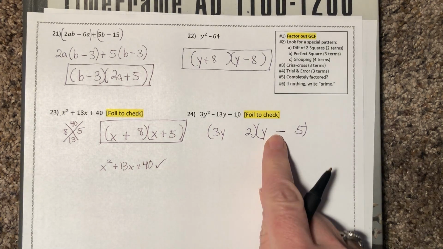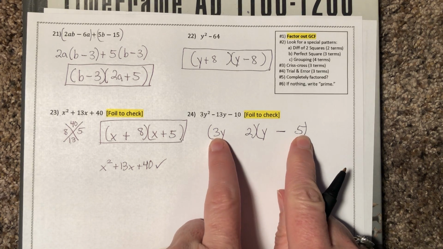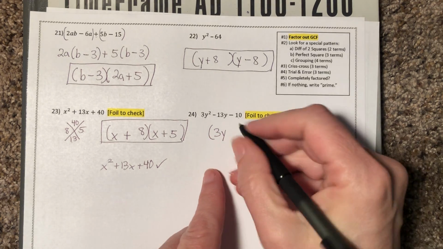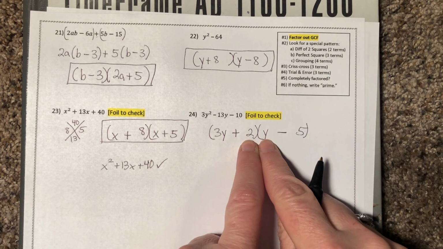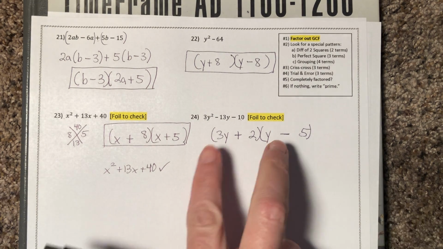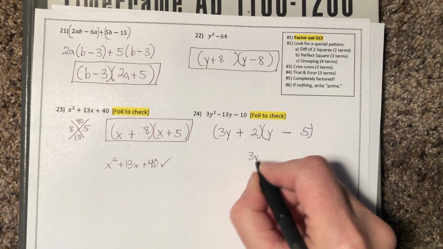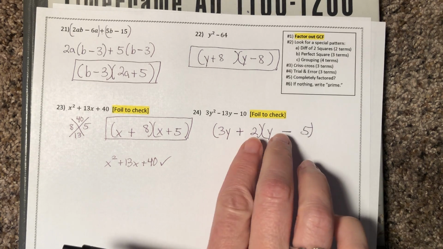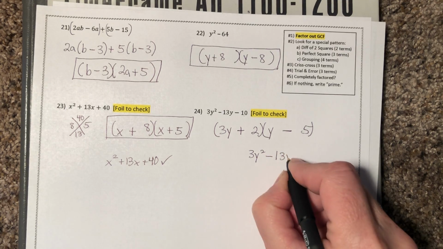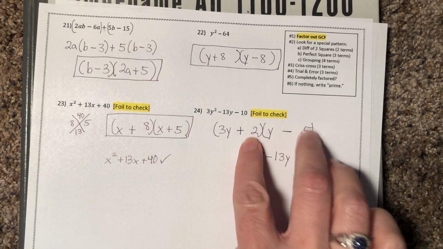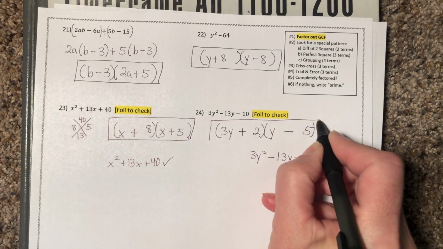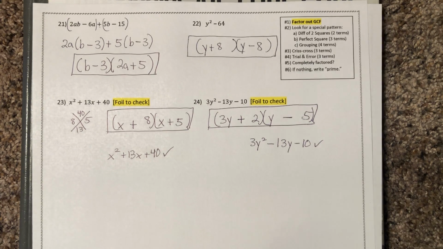The minus has to go here because this gives me a minus 15, right? That means negative 5. Minus 15 plus 2 is minus 13. Okay, so the check. 3y squared minus 15y plus 2y, minus 13y. Last gives me 2 times negative 5. It's negative 10. Check. There you have it.